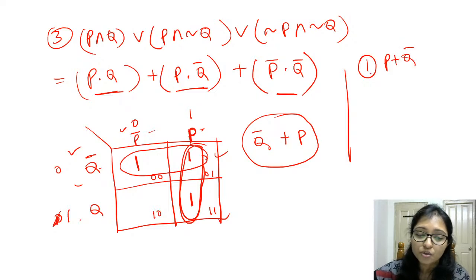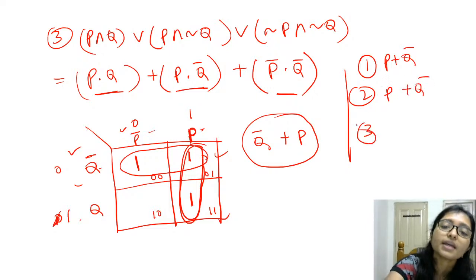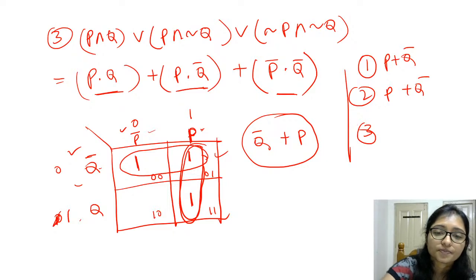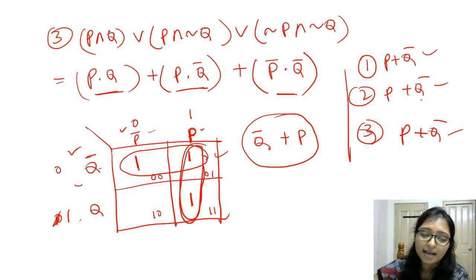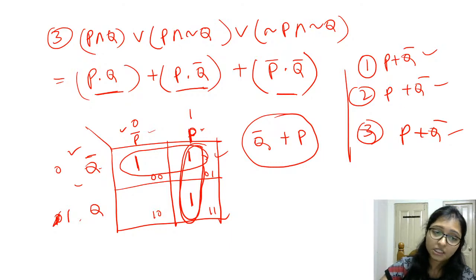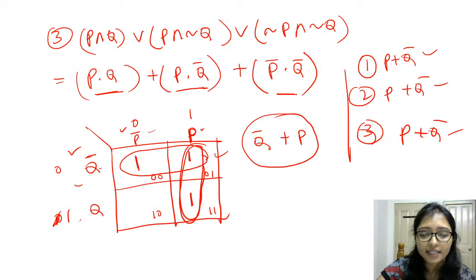Option 1 was also P plus Q bar, option 2 was also P plus Q bar, option 3 is also coming P plus Q bar, right? So 1, 2, 3 are all the same, so definitely the option will be C, that is 1, 2 and 3.